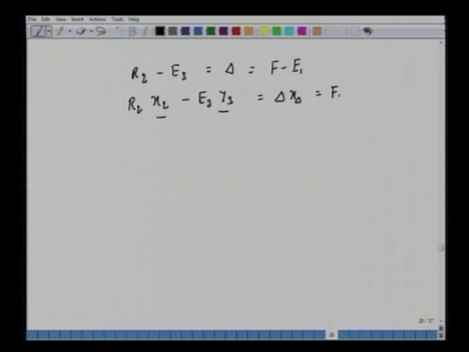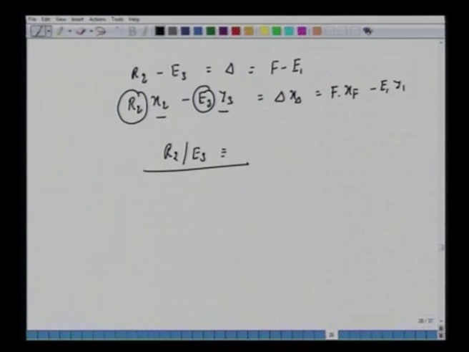This will also be equal to F into XF minus E1 into Y1. Then, of course, you can obtain the values of R2 and E3, two unknowns, two equations. Then you can take these ratios. You should be able to convince yourself that you are getting the same results as before.